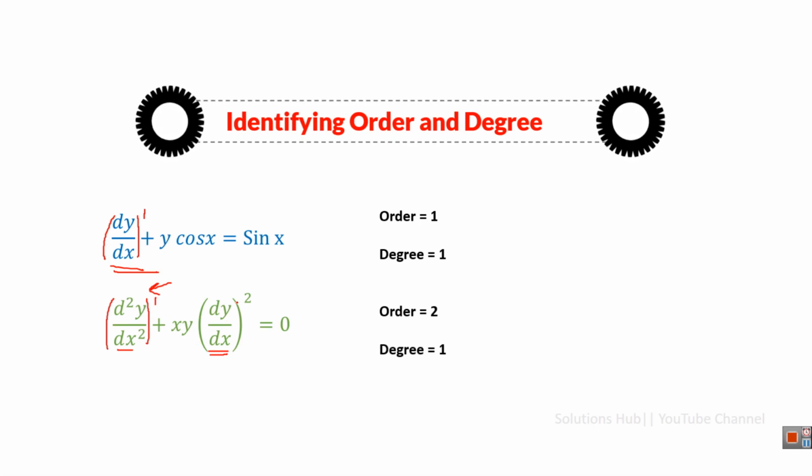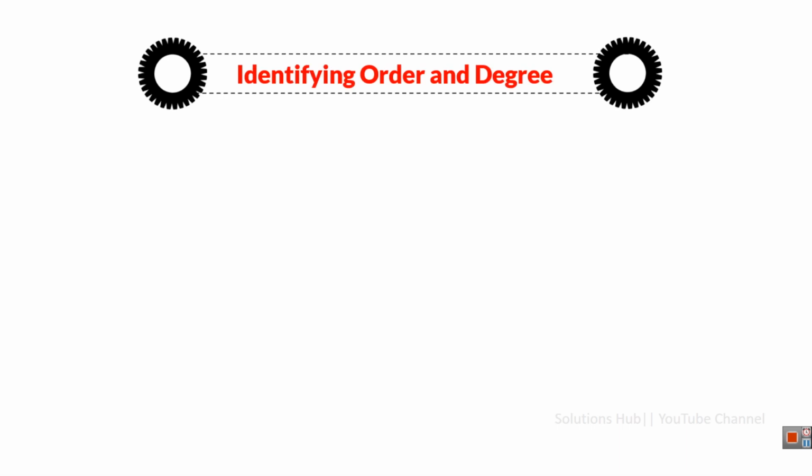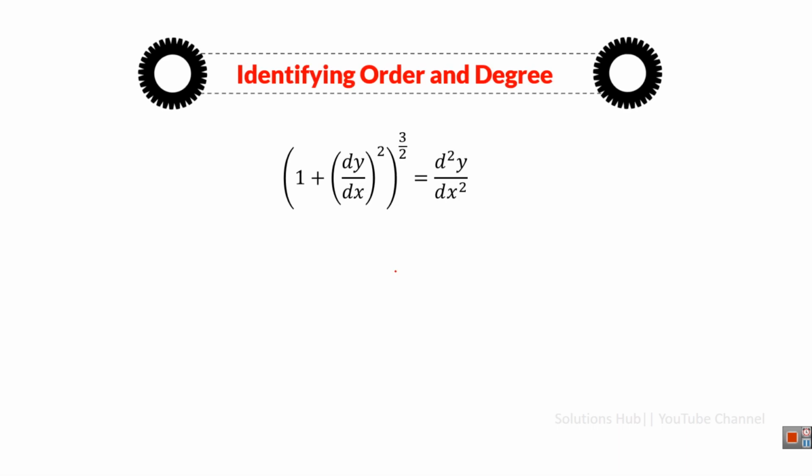Now let's talk about a different, more difficult example. Here we have a differential equation. You can find the order very easily, because it is clear that the only higher order derivative involved here is 2. So the order is 2, but we are not sure about the degree.